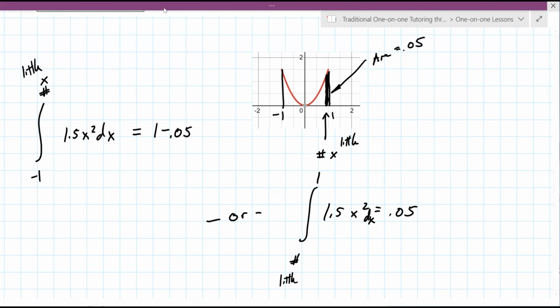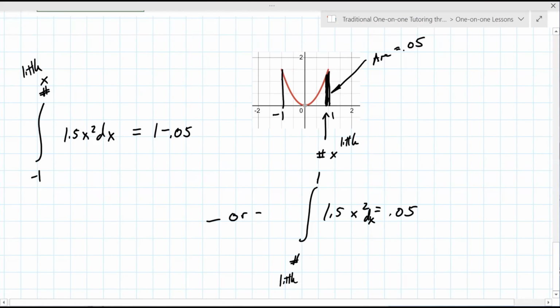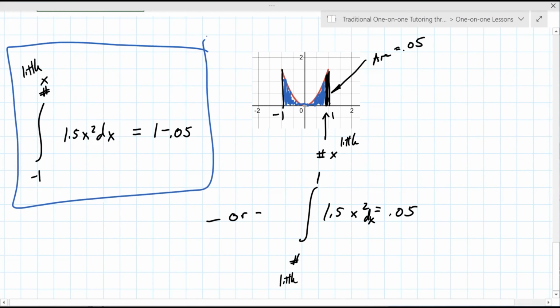I'll do it in blue here. The blue area is everything from -1 all the way up to whatever that value x is. And the other one is from that x to the 1, which is a way shorter base than the other one.